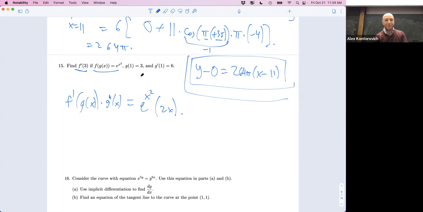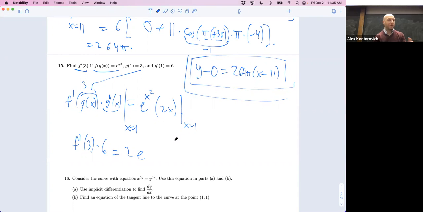My only hope is to evaluate both sides at x equals 1, because g of 1 is 3. G prime of 1, thankfully, they told us is 6. So I have f prime of 3 times 6 is equal to e to the 1 times 2, 2e.